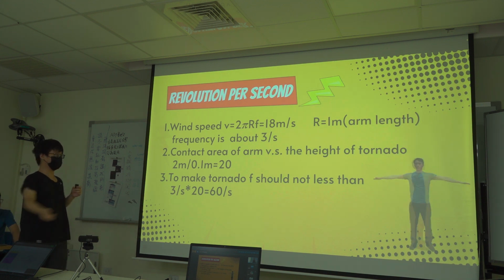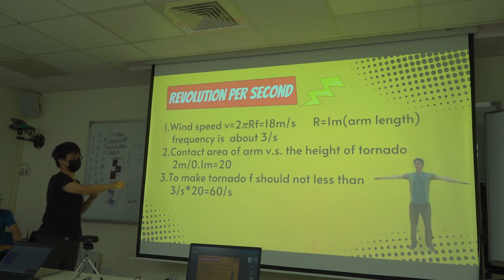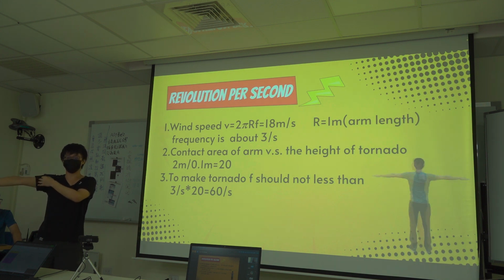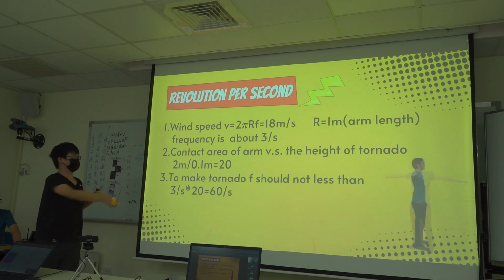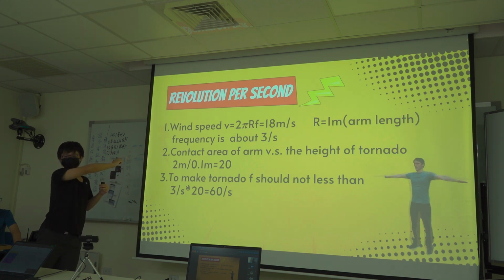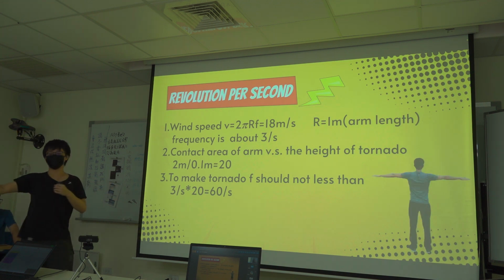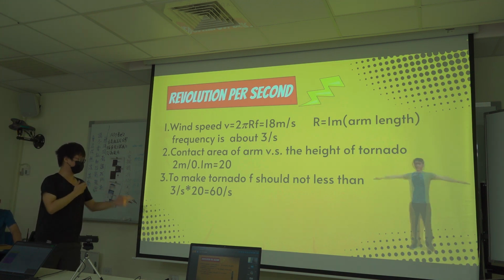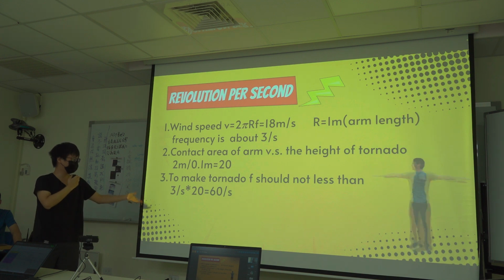So for 2-meter height with his arm width of 0.1 meters, you need to do it 20 times as a single layer. So the total number he should do is at least 3 times 20, which is 60.